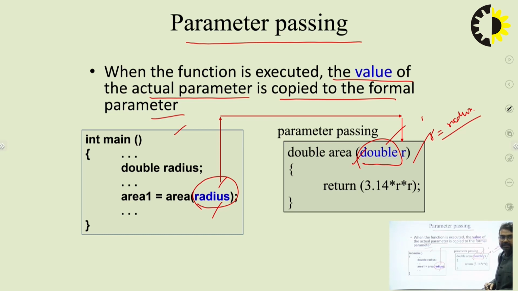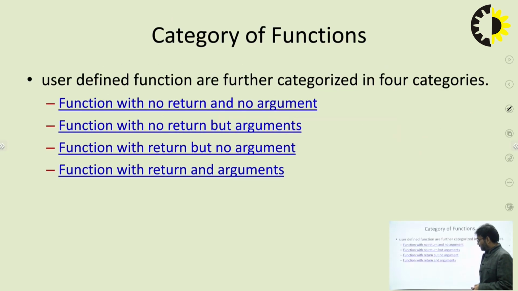Okay. So based on the parameter passing, the category of function is divided into 4 parts. First one is function with no argument and no return, function with no return but argument value, function with return but no arguments, and function with return and argument.